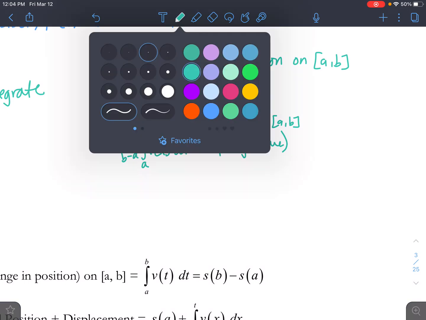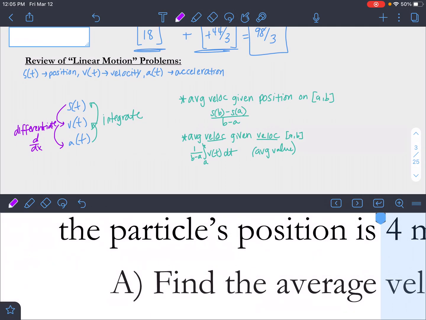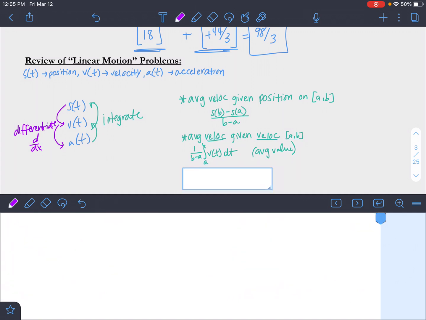Okay, really similar here, guys. If I ask you for average acceleration, hopefully you can kind of do some guesswork here, but I will write both of them down, of course.